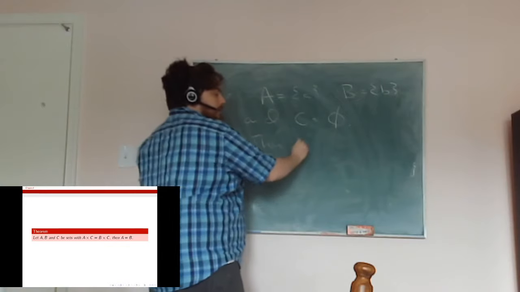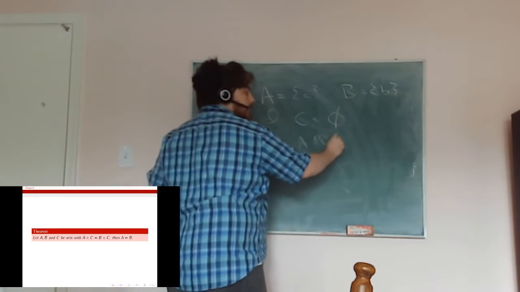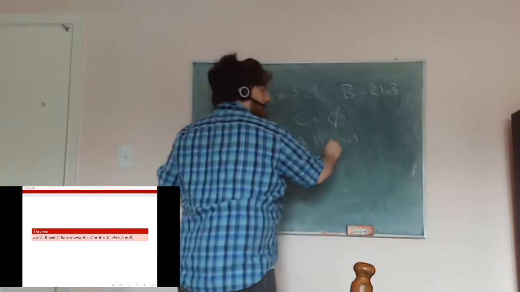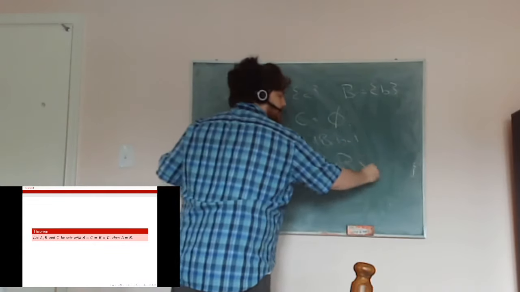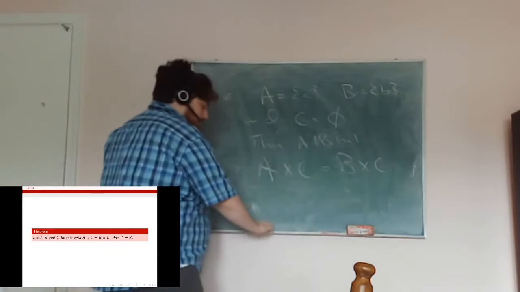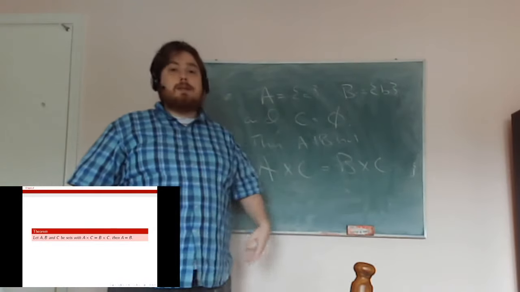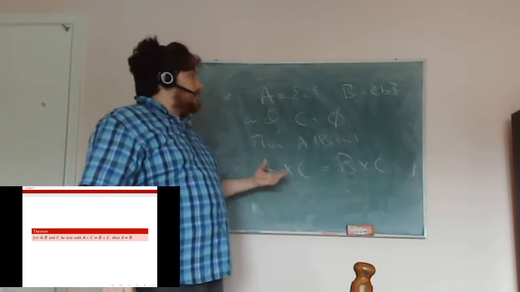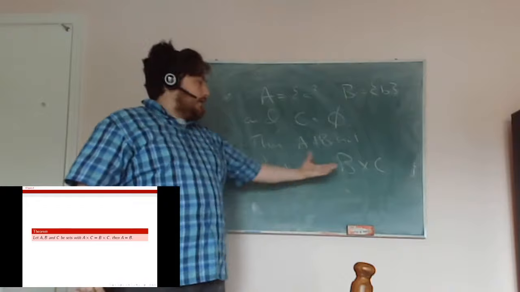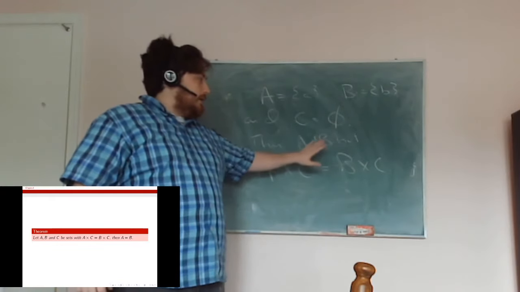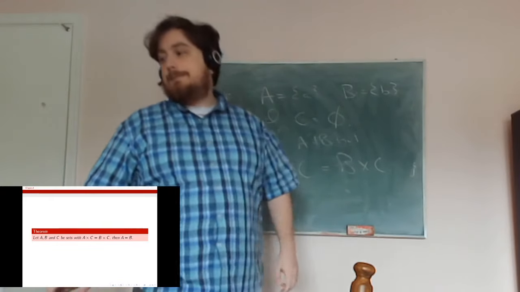Then A is not equal to B, but A cross C is equal to B cross C. And so we're showing the negation: there exists a C such that there exists an A, B, and C such that A cross C is equal to B cross C, but A is not equal to B.